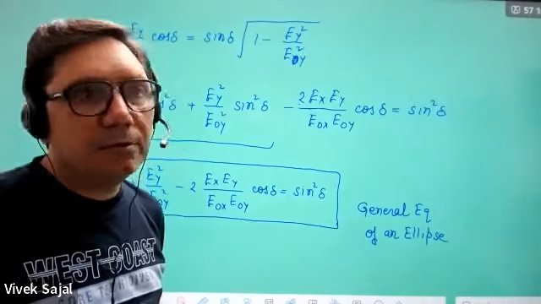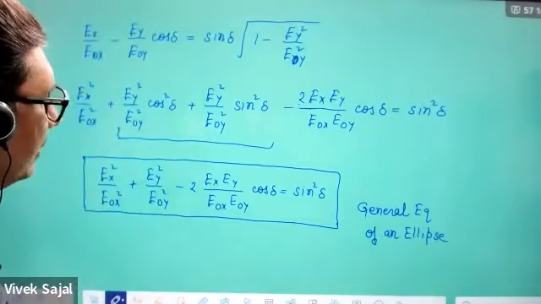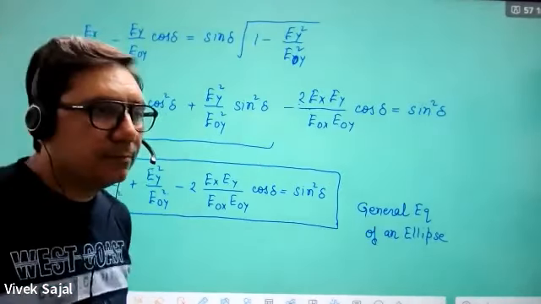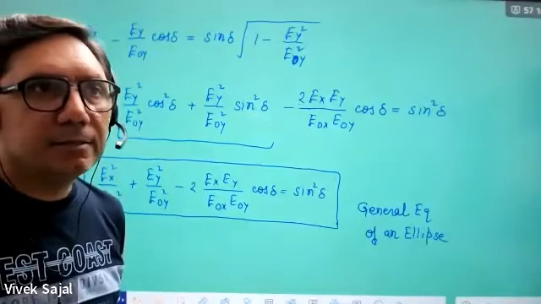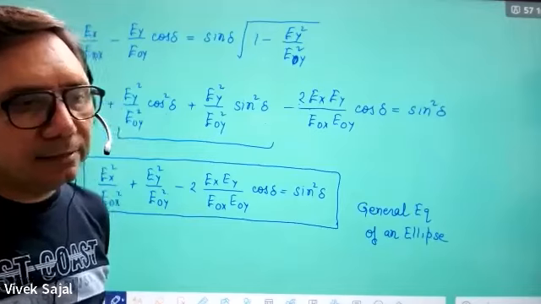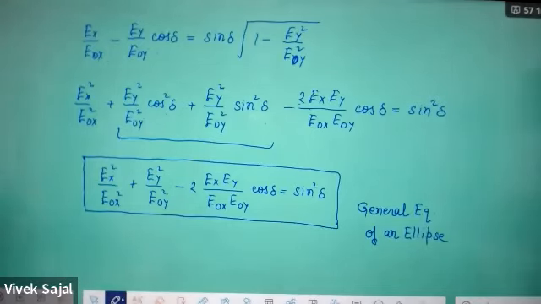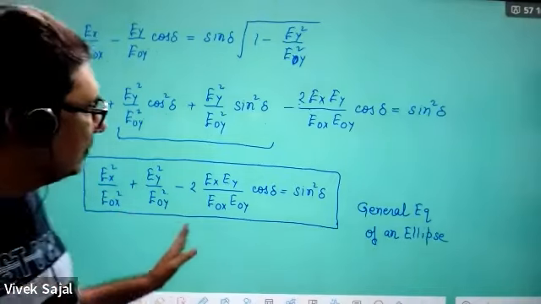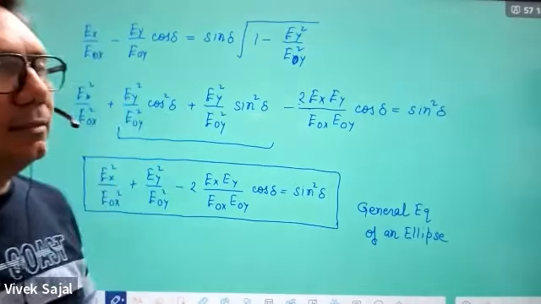This equation depends upon delta, and for particular values of delta, this equation may convert into a straight line.